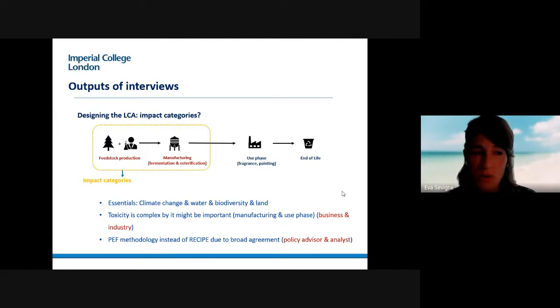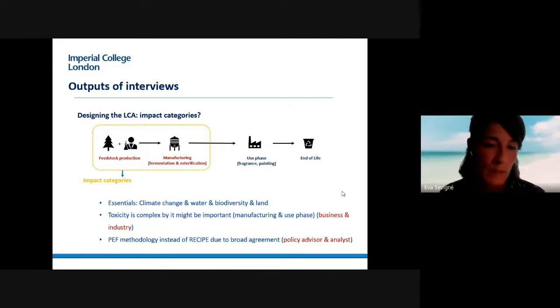Toxicity was also important for some of the stakeholders, but because the beauty esters from fossil fuels and our beauty esters are the same, they believe that because the system boundary should be limited to cradle to gate, the toxicity impacts are going to be equal to the impacts of the fossil beauty esters.